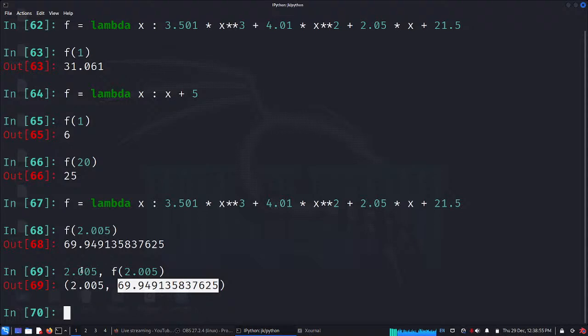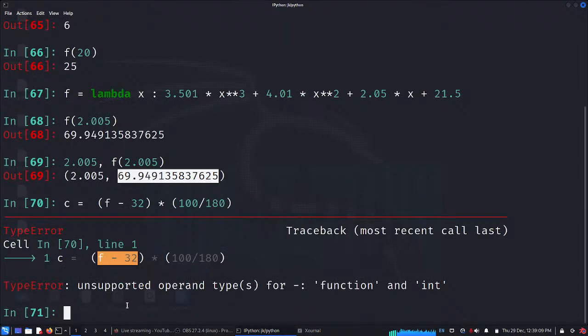It's very simple to write. If you want, like the one that we wrote previously, c equal to this formula, we can actually convert the c into a lambda.